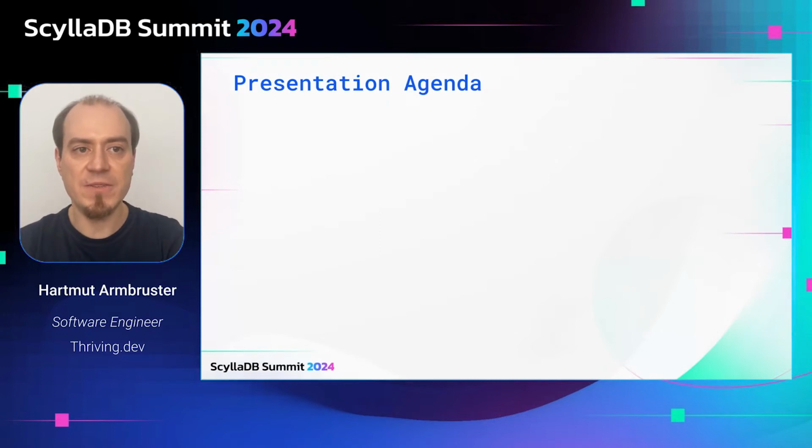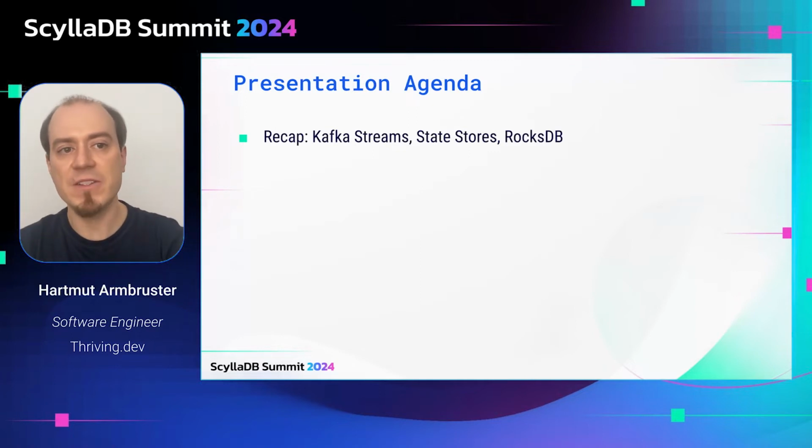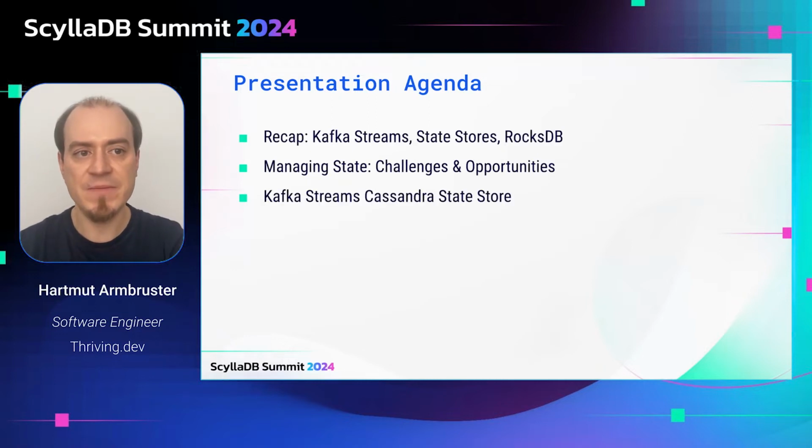On to today's agenda. Since this is Scylla Summit and not Kafka Summit, I'm going to do a quick recap on Kafka Streams State Stores and RocksDB. Moving on to challenges and opportunities managing state, and introduce a library, Kafka Streams Cassandra-State Store.